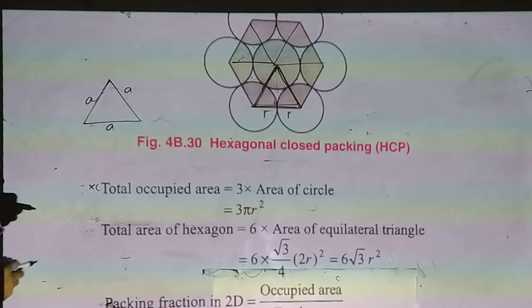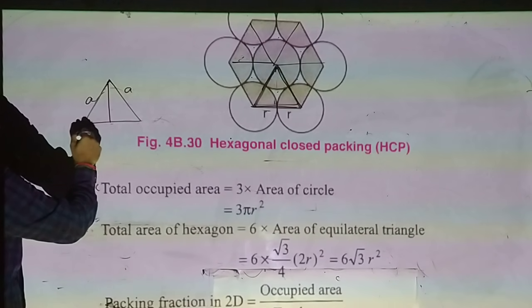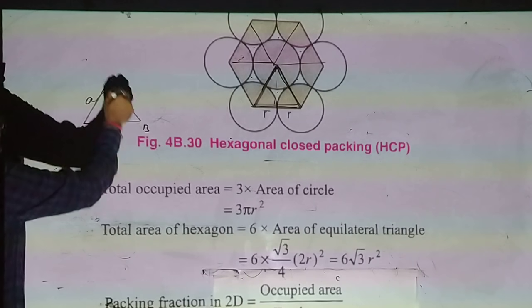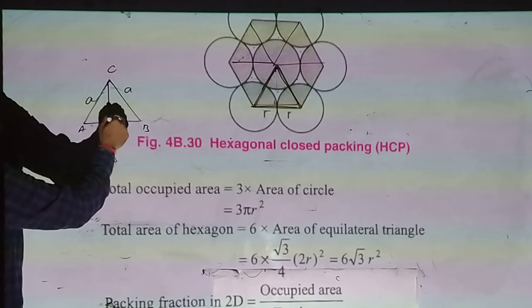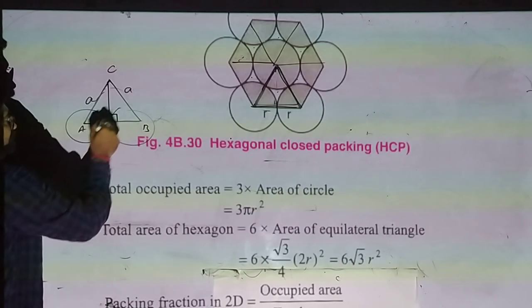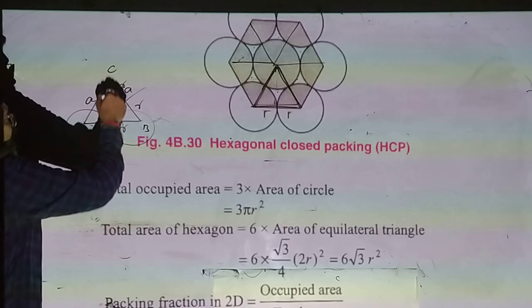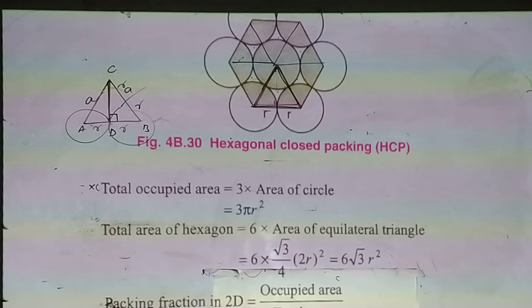So actually, in this A, B, C and D, this angle is 90. Here 2 radius, r plus r. There are also 2 radius. We have to derive AD first.